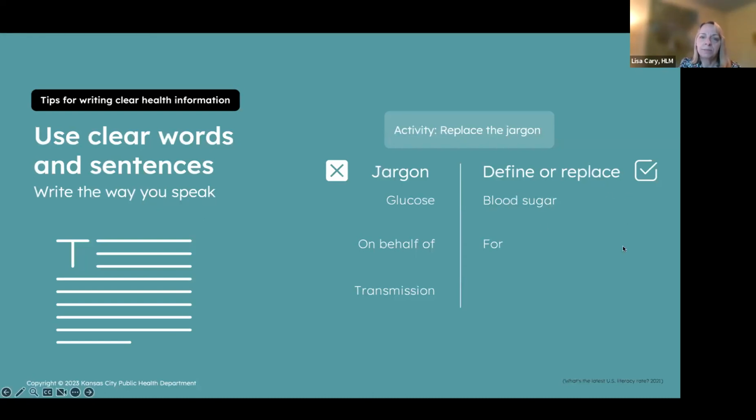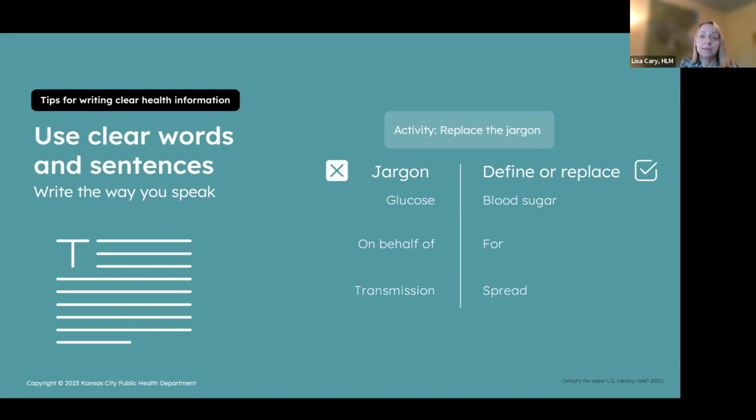What about transmission? Probably in the context of a virus. Is transmission a word that readers would need to know? It depends on the context of your material, but you could replace transmission with spread.